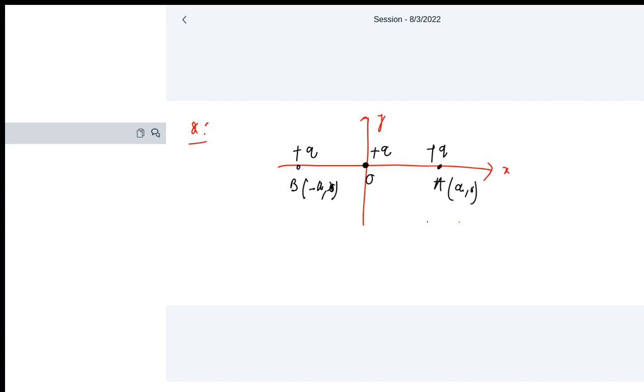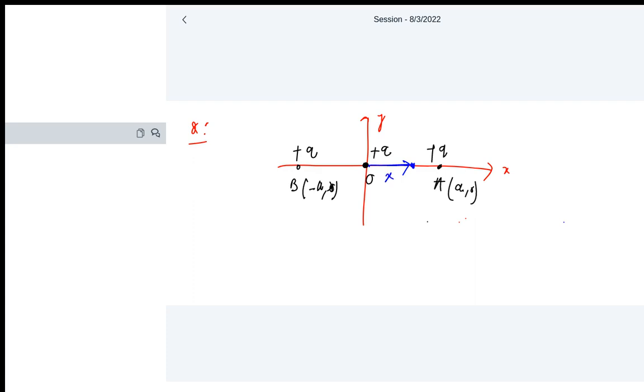Now we displace the charge at O by a small distance x along the direction of A. Now the charge is located here, and this distance is x.